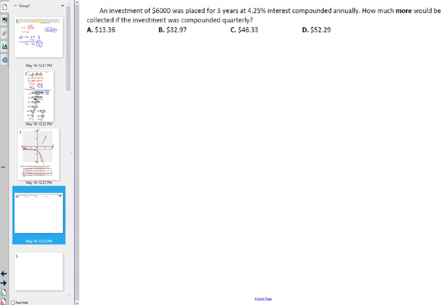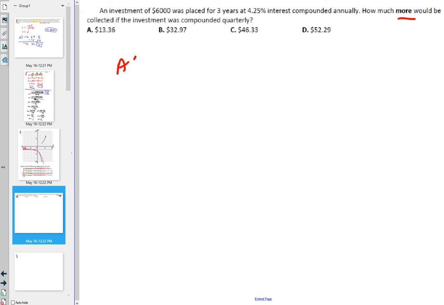An investment of $6,000 was placed for 3 years and 4.25 interest, compounded annually. How much more would be collected if the investment was compounded quarterly? So we're going to have to calculate both.